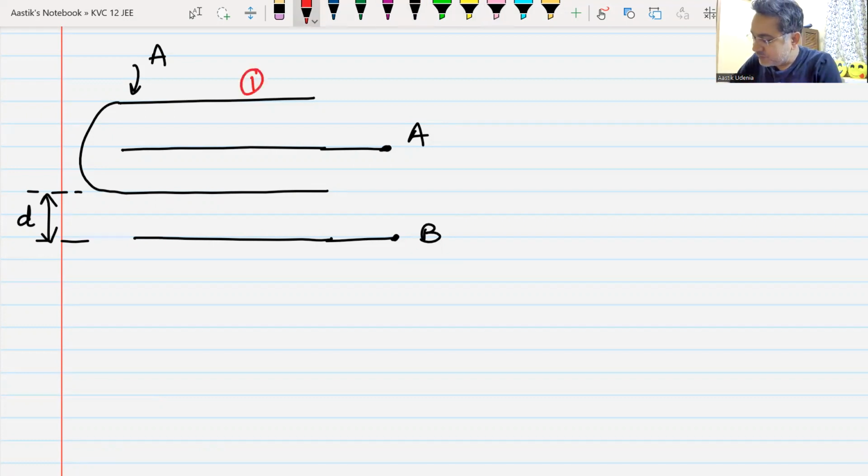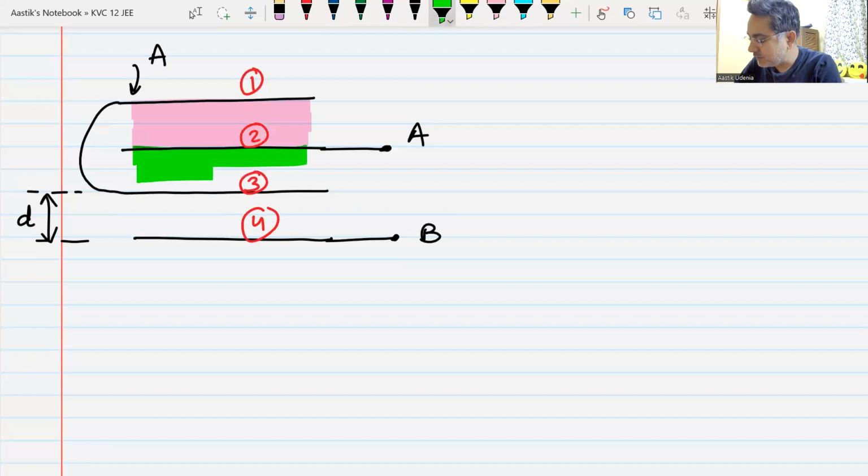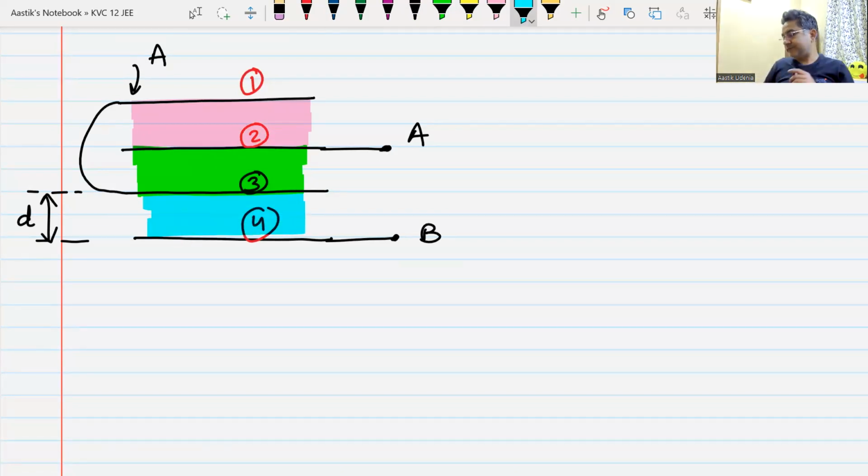You can name the plates 1, 2, 3, 4. My favorite pink. My favorite green. My favorite blue. Can you tell me the answer of this one? You have 2 minutes to do it.